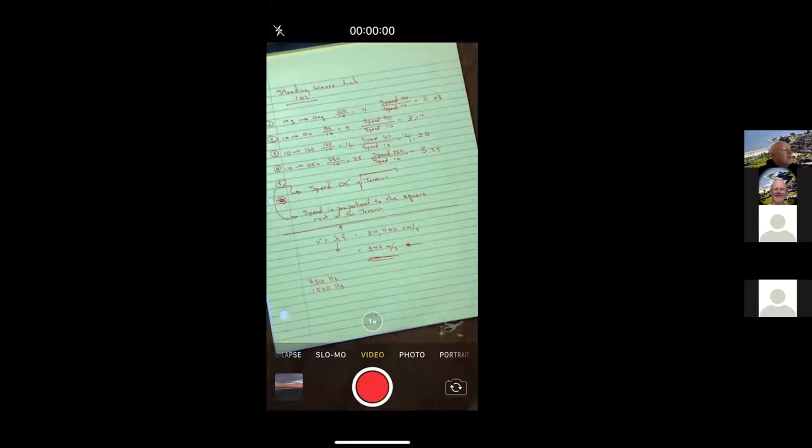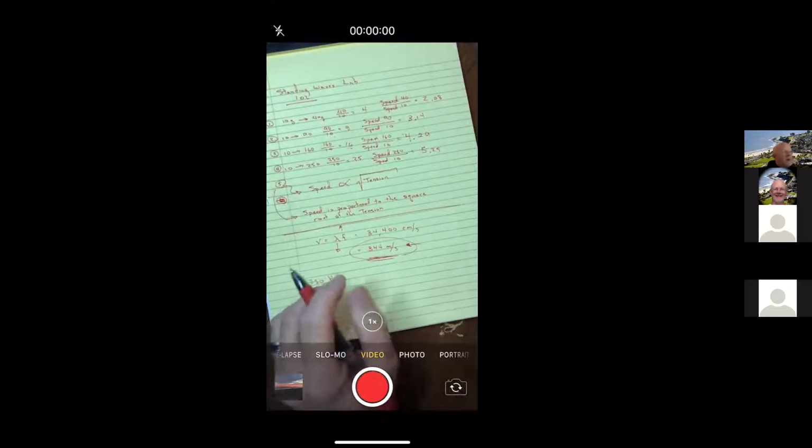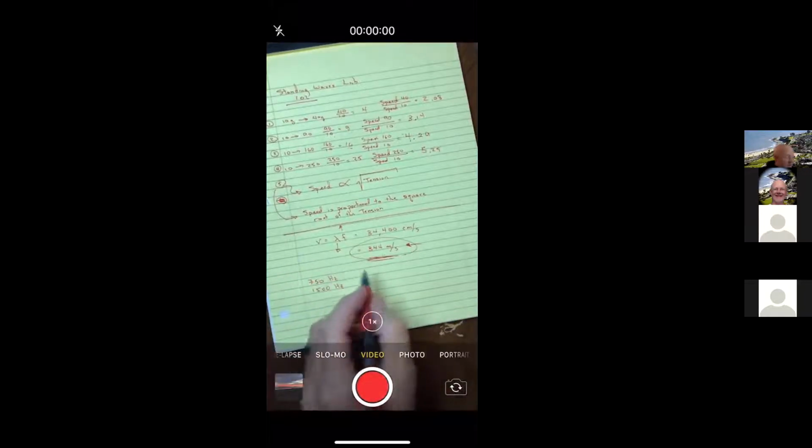Now the next question says, how did the values of the speed of sound compare to the accepted value? The accepted value is this value at room temperature. I just wrote down that number, so whatever you calculated, go ahead and see how close that compares, but it's got to be really close to that. It says, how did the values compare? You can say very close, and then it asks you to actually calculate it.